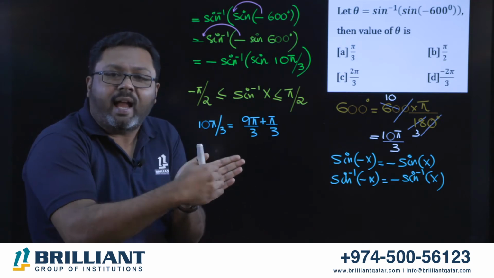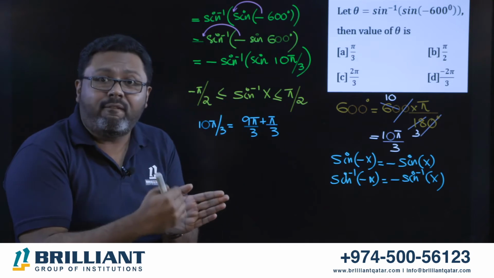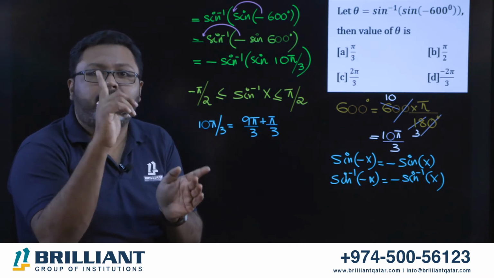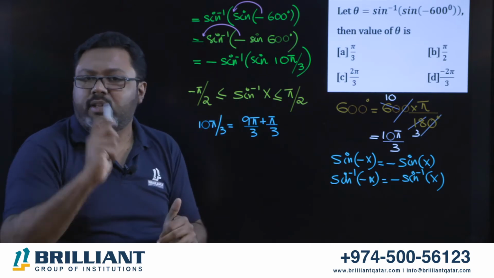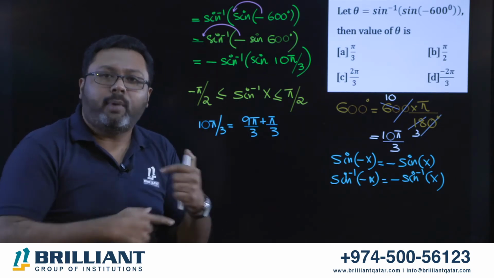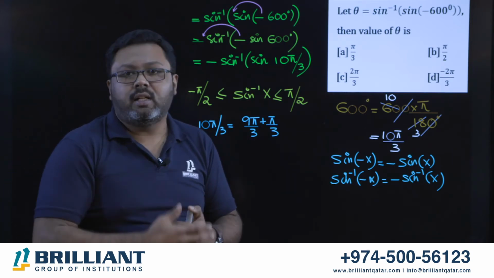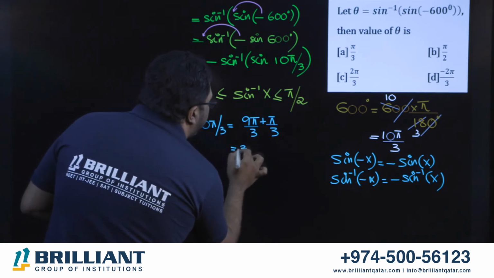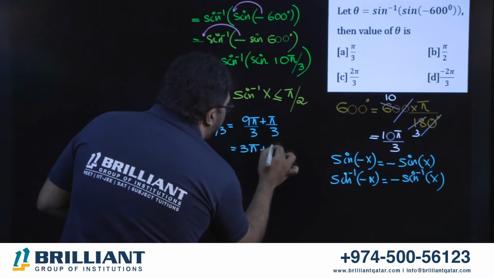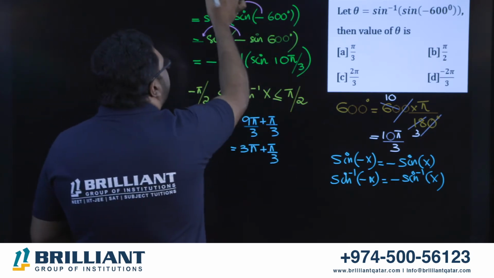These angles after every repetition are called the allied angles of every angle that you know from the first quadrant: 0, 30, 45, 60 and 90. Every angle that you obtain after rotation beyond the first quadrant is called an allied angle. So let's reduce it. 9 pi by 3 is 3 pi, so 3 pi plus pi by 3. Let's try to understand what this is.